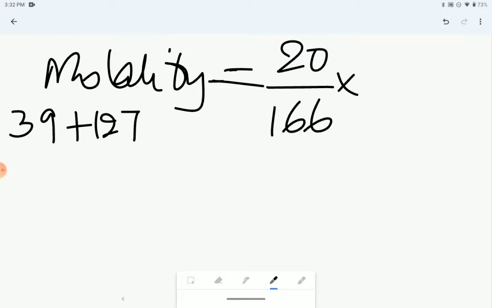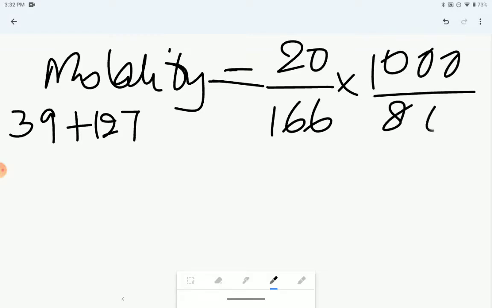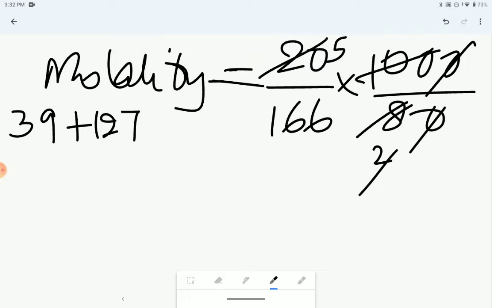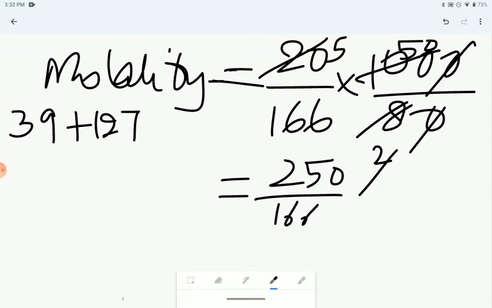So 20 by 166 into 1000 by weight of solvent in grams, 80. Now this zero gets cancelled, and 4 2s, 4 5s, 2 50s, which is 250 by 166, which comes out to be 1.5.